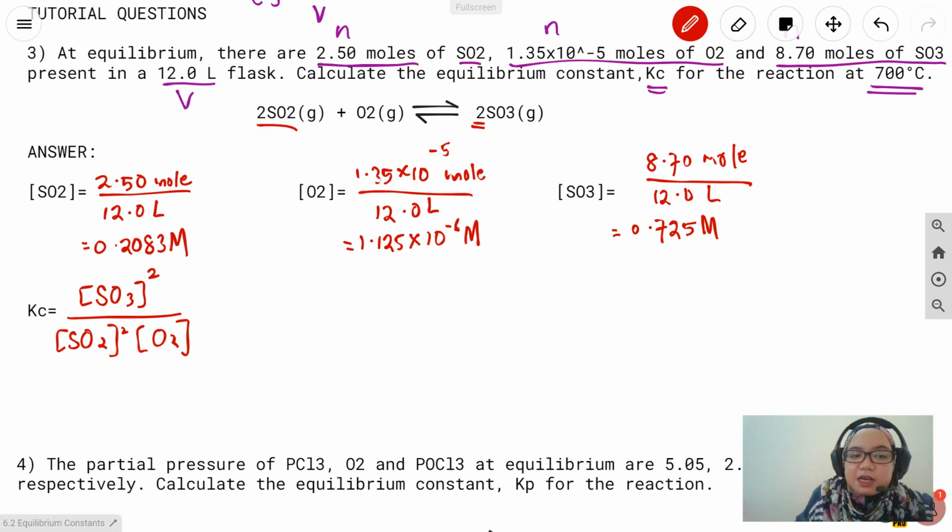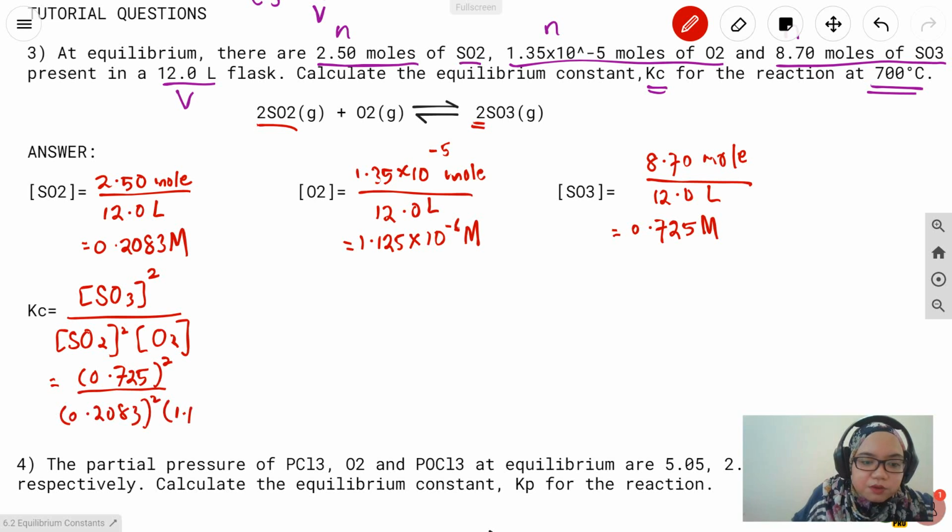Alright, so now we will substitute the values that we found earlier into this. So it becomes 0.725 to the power of 2 divided by 0.2083 squared times 1.125 times 10 to the power of negative 6.